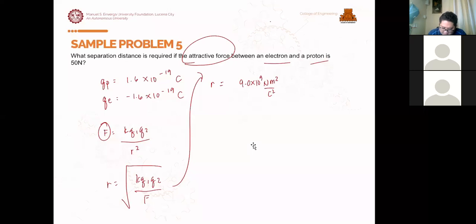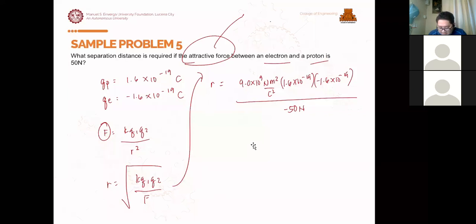Okay? Then, substituting this value, R is equals to K natin, 9.0 times 10 to the 9 Newton meter squared, Coulomb squared. Then, sa proton natin, 1.6 times 10 to the negative 19. Sa electron natin, negative 1.6 times 10 to the negative 19. Then, over yung force natin, negative 50 Newton. Okay? Again, nag-negative tayo ng sign kasi attractive yung force.